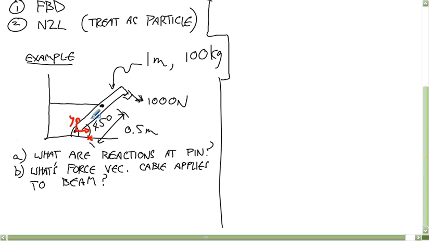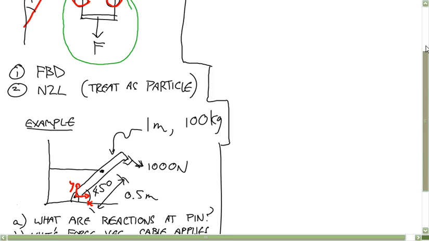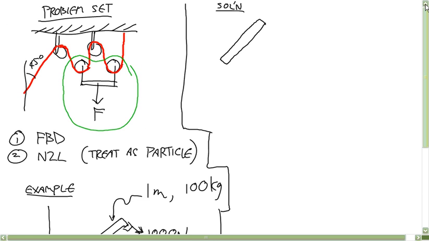I'm also going to put my about point there, but you should keep in mind that there's no reason you have to put your about point at the origin. You could put it anywhere you want, but a lot of times it makes the math simpler. So what loads do we have?